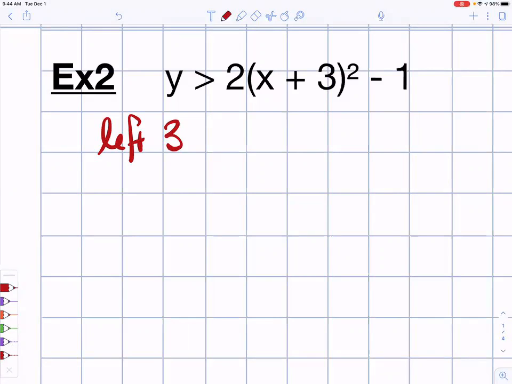Yeah, so remember the one on the inside acts backwards, right? So then left 3, and what else did you say, Abigail? Down 1. Okay, there's more. What else? Okay, a vertical stretch by 2.